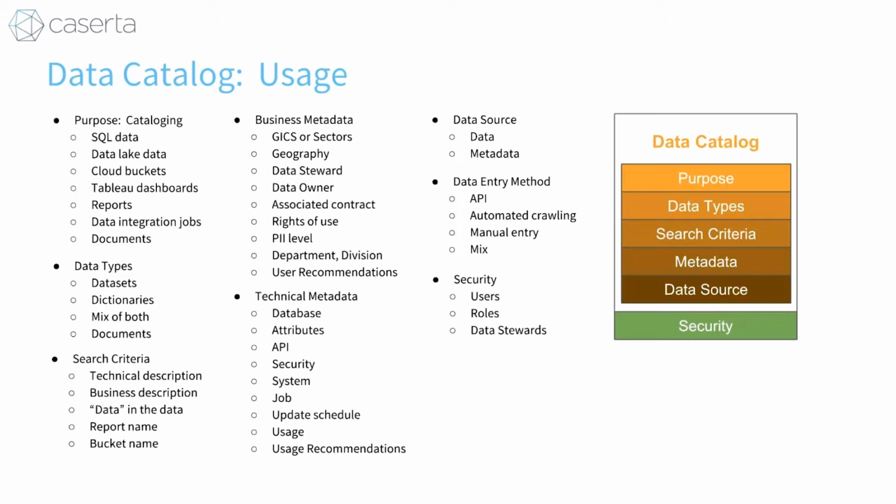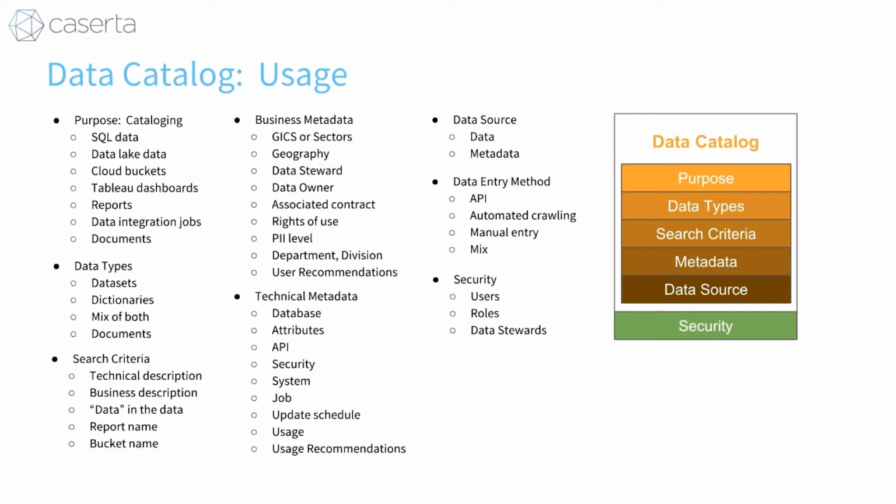As you look here on the right-hand side at the generalizations about what a catalog is, its purpose, the data type, search criteria, and associated metadata that would need to be organized and associated with the source of your physical data, while that is generic, within your company it's pretty specific.